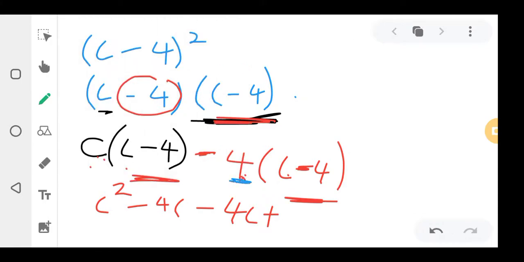You see, this 4 times this 4, bracket means times, so I'm multiplying 4 times c, 4c. Negative 4 times negative 4 forms positive 16. So it will be c squared minus 4c, minus 4c, to give me c squared minus 8c plus 16. That's how you do it.